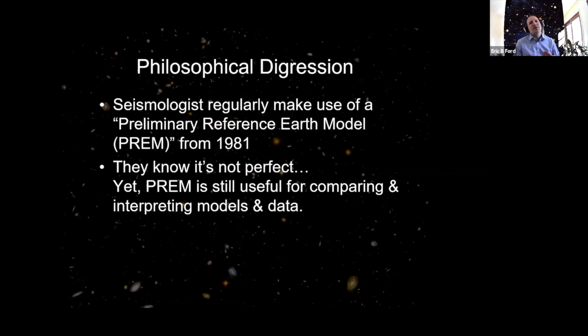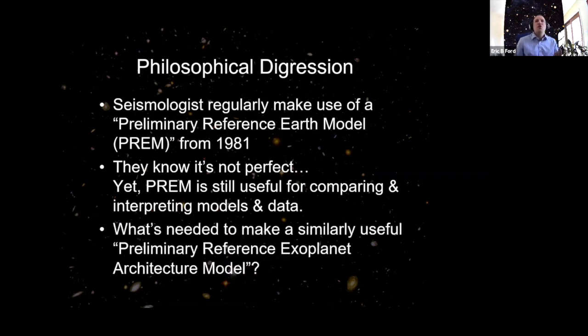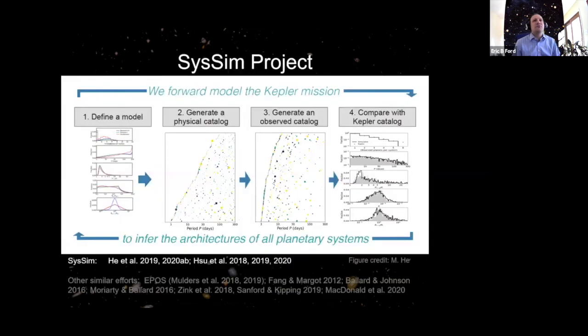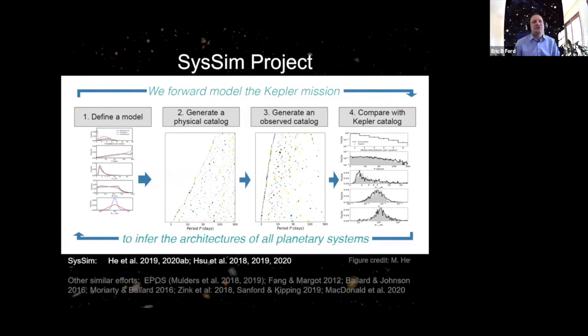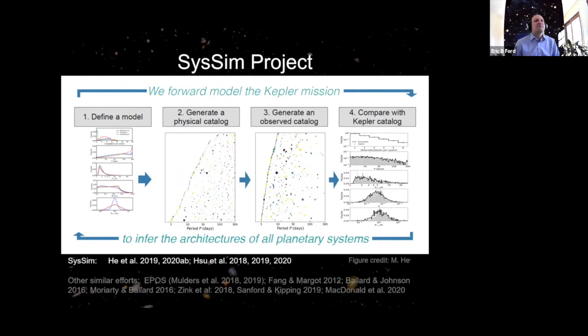And so with that inspiration, we can begin to think about what would be needed to make a similarly useful preliminary reference exoplanet architectures model. And so that's what motivated this SysSim project, short for Planetary System Simulator Project, that myself and Darin Ragozzine and several graduate students have been contributing to over the past several years now.